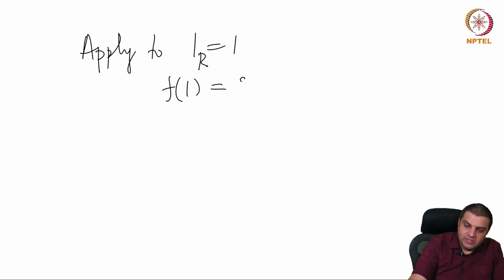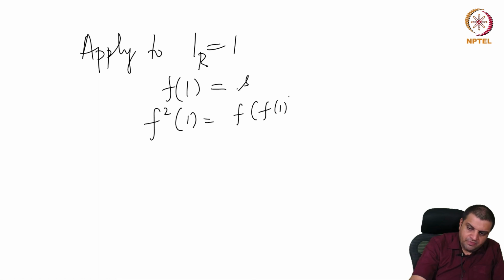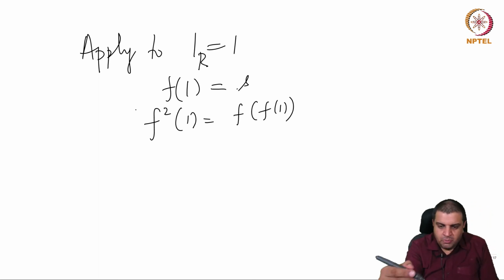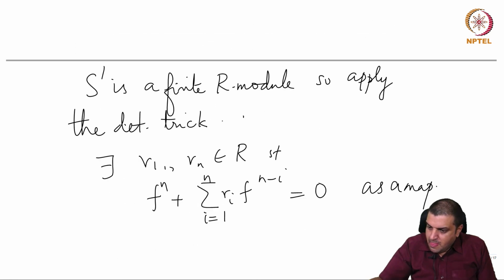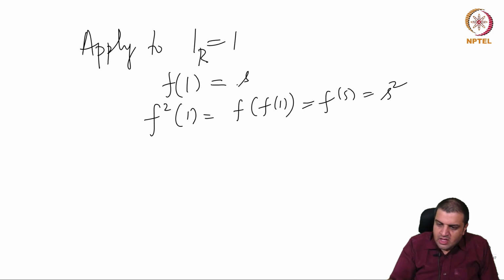So f of 1 is S. Okay. f squared of 1 is f of f of 1. Square means composite. Okay. So this is f of S, and f involves multiplication by S, so it is S squared. Okay, and so on.